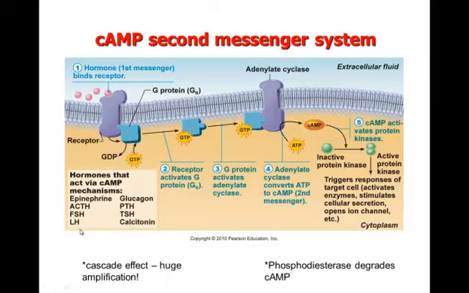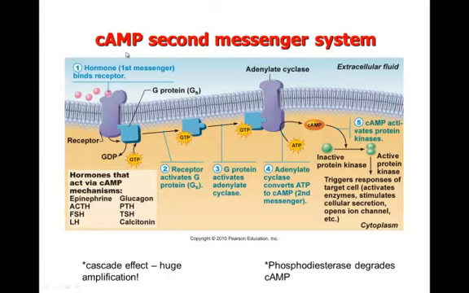I know you don't know what these mean yet because you haven't really studied the chapter, but this is adrenocorticotropic hormone, follicle stimulating hormone, luteinizing hormone, glucagon, parathyroid hormone, thyroid stimulating hormone, and calcitonin. These are the hormones that use the cAMP second messenger system. Please do not waste your time memorizing this. It doesn't matter at all which hormones use this.